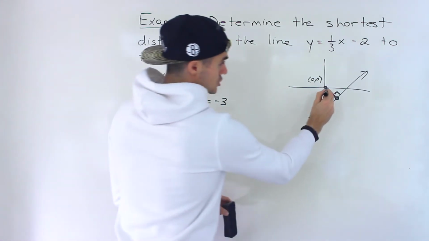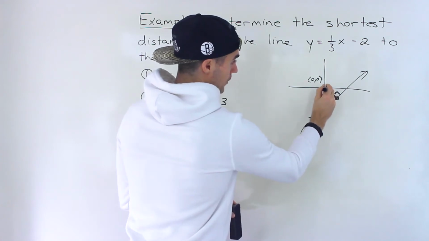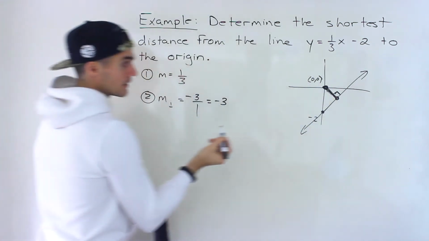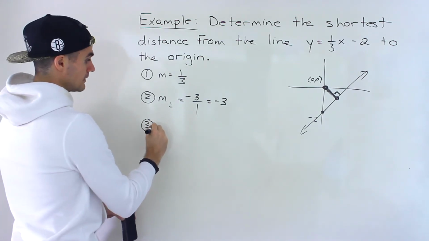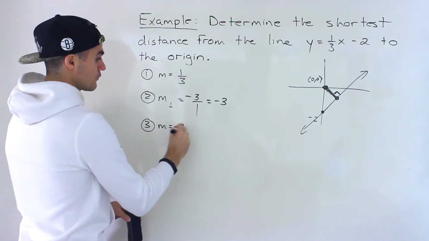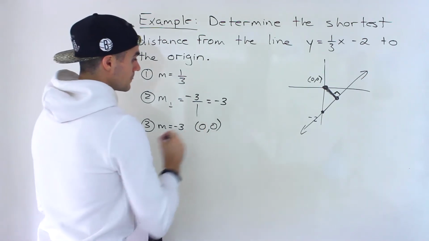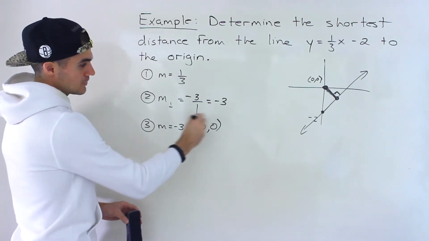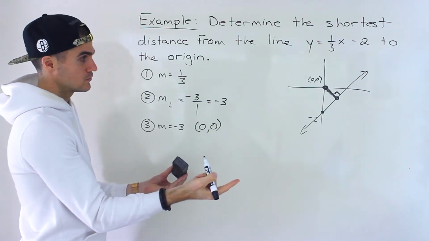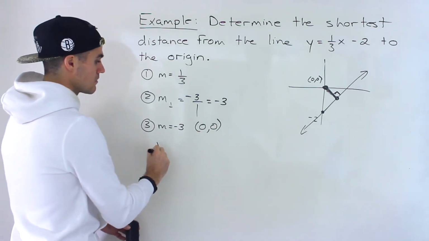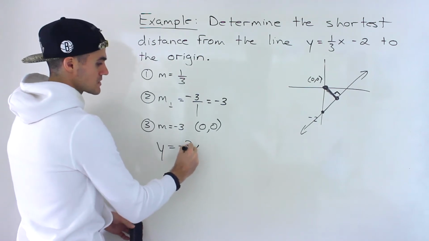So we have the slope of this line, and we also have a point on the line, which is 0 and 0. So now we find an equation for that second line with a slope of -3 and a point 0 and 0. And notice 0 and 0, it means the y-intercept is 0, which means the b value is 0, so it just means the line is y equals -3x.